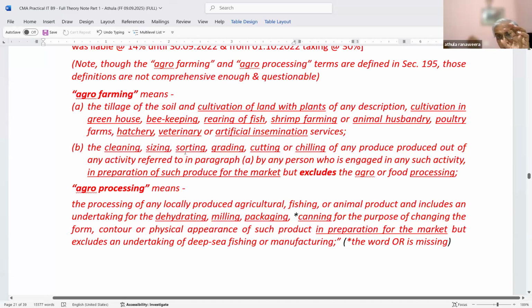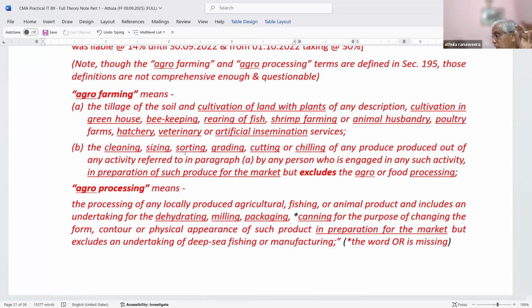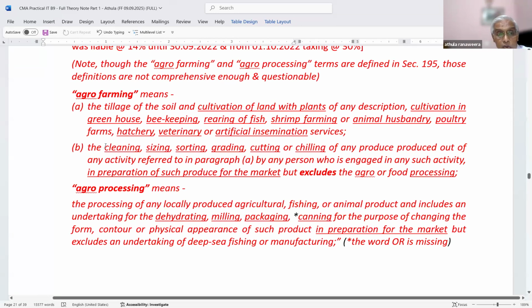Because the poultry farmer is there, then the growers are there, the consumers are there. Therefore, farmers should cater to the consumer. Keeping that in mind, they included this part also into the law, but this is not complete.